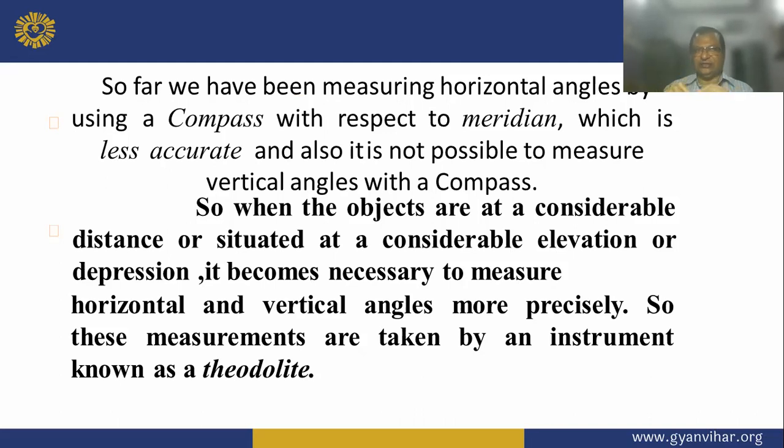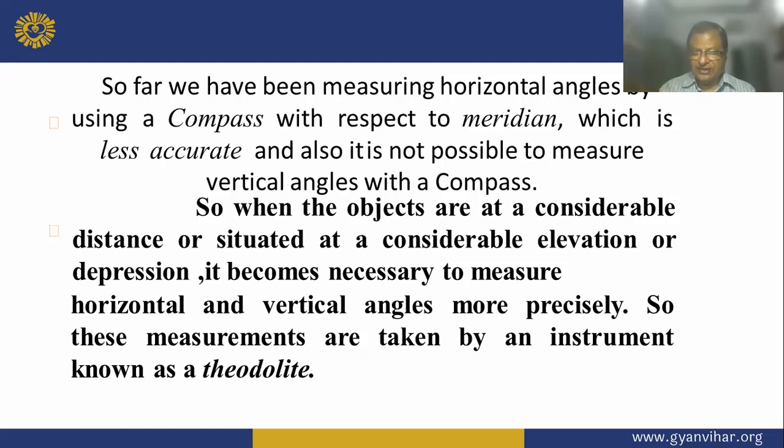So far we have been measuring horizontal angles using a compass with respect to the meridian, which is less accurate, and it is also not possible to measure vertical angles with a compass.